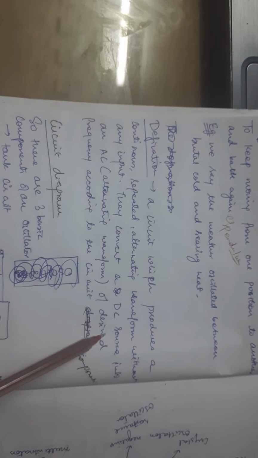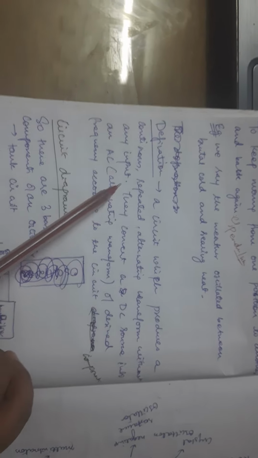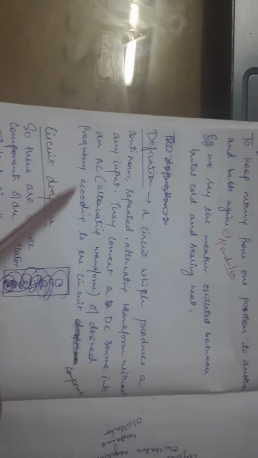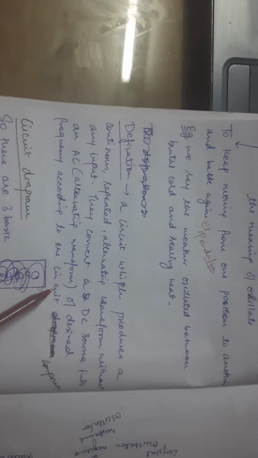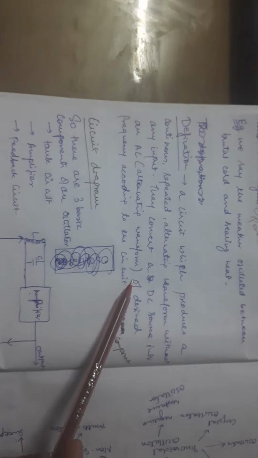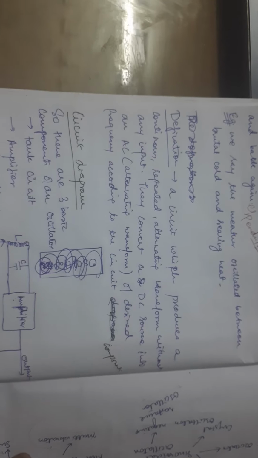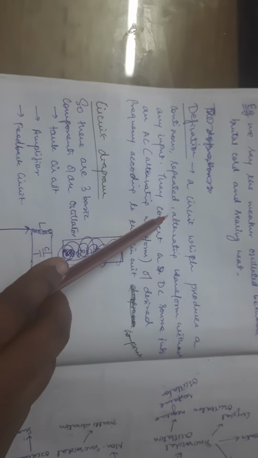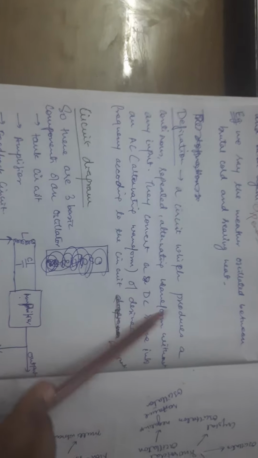They convert a DC source into an AC alternating waveform of desired frequency according to the circuit. Whatever circuit we have taken, it will be according to that. So as mentioned, repeated alternating waveform.